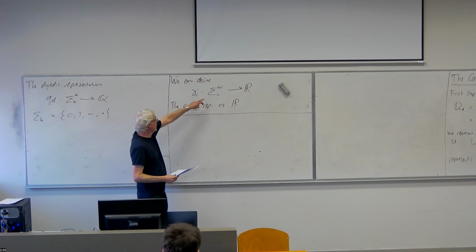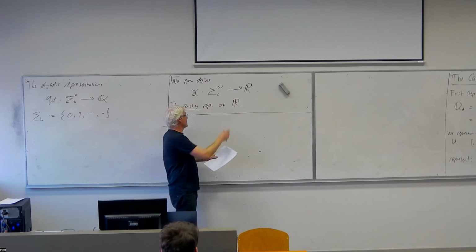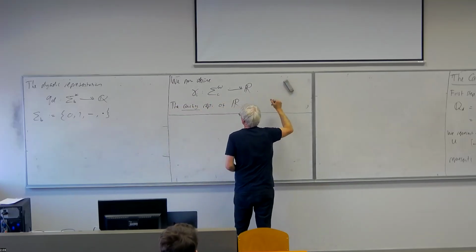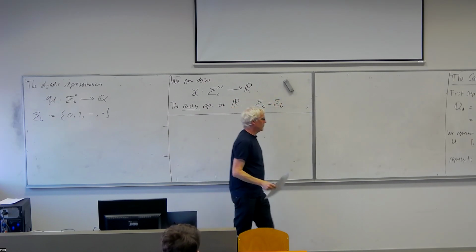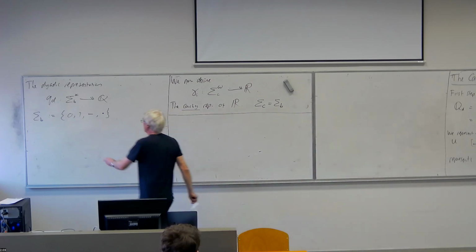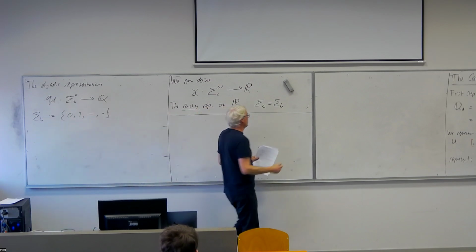So we're going to define this by saying first what its domain looks like. I guess the first thing to say is what sigma c is. The alphabet has all the symbols we've got so far in sigma b, so 0, 1, minus, and the decimal point.